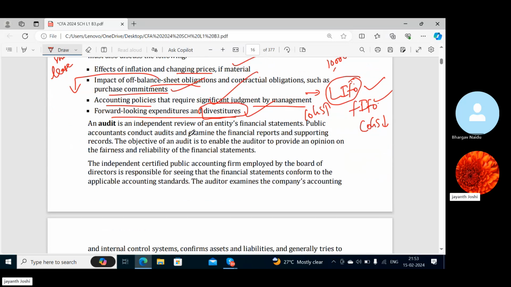An audit is important. Companies have to get their statements audited by an external auditor, and that's a very important review. What the shareholders would always want is audited statements, because they are an assurance for shareholders that everything in the company is fine.